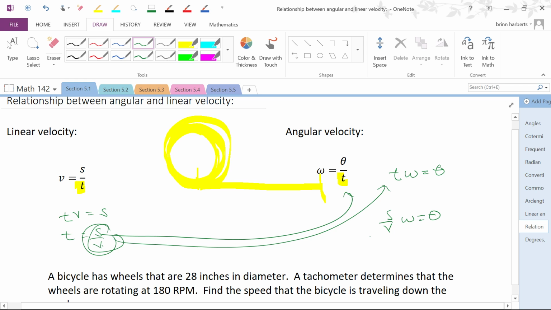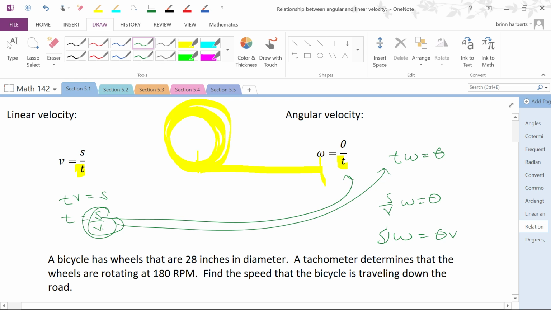And then I will solve this. S omega equals theta times v. And then I happen to know that arc length is the same thing as r times theta.